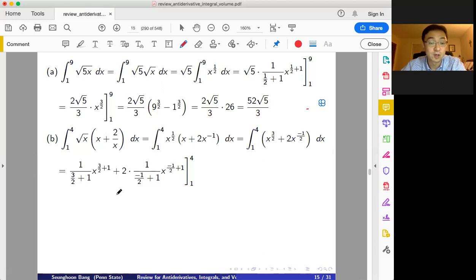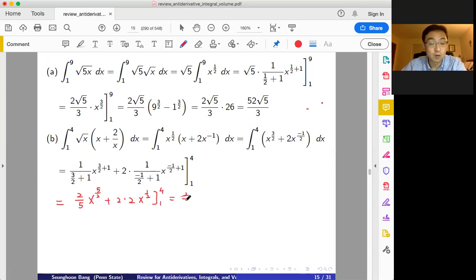So how can you solve? 3 over 2 plus 1 is 5 over 2. Just flip, 2 over 5, x to the 5 over 2 plus 2 times. So minus 1 over 2 plus 1 is 1 over 2. 1 over 1 over 2 is 2. x to the 1/2 from 1 to 4. So you can plug 4 into x.